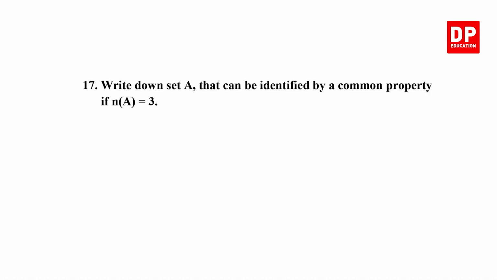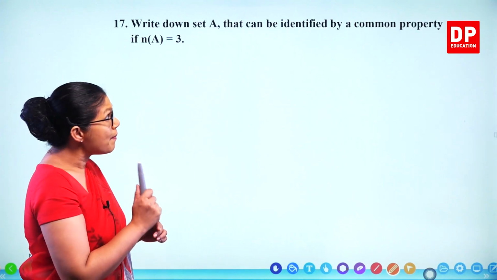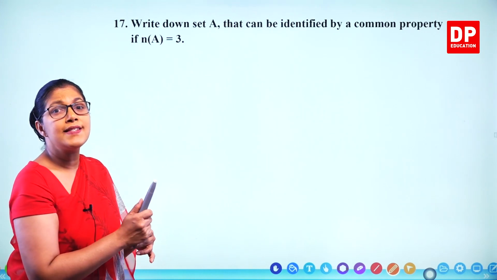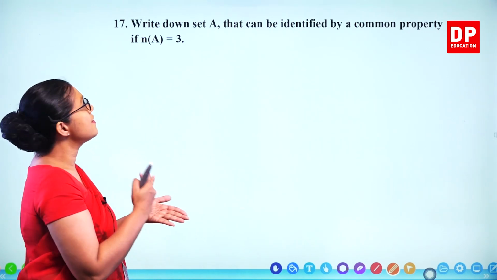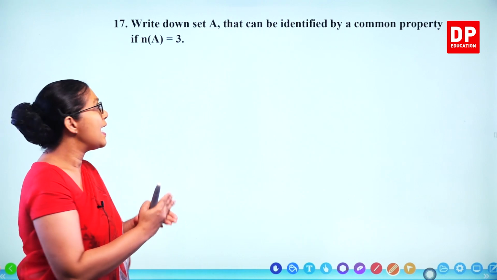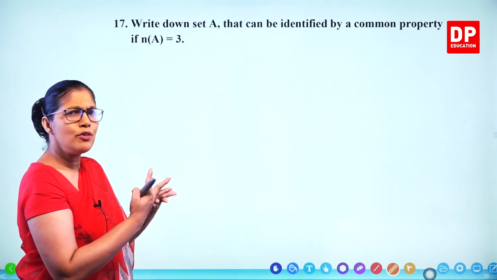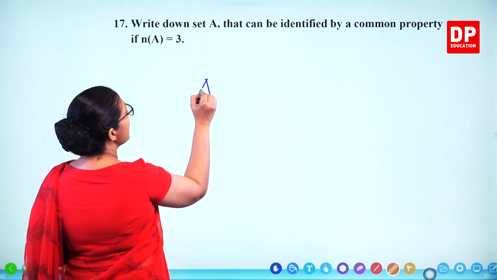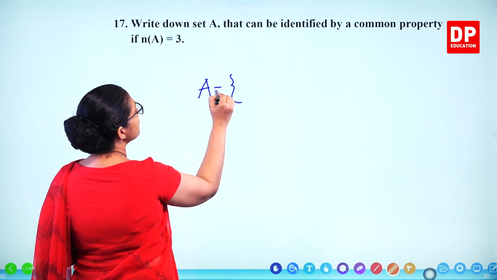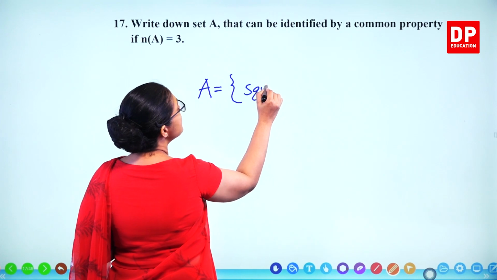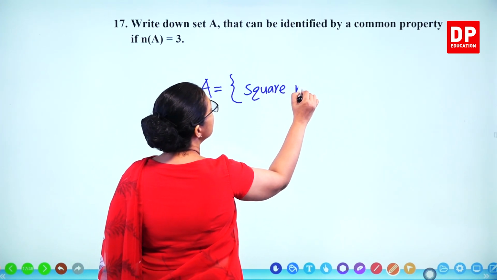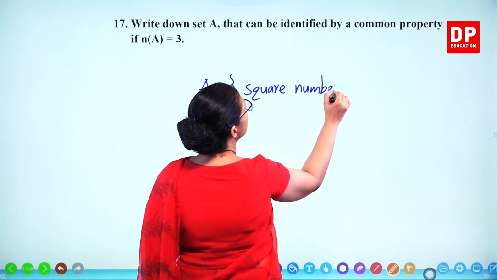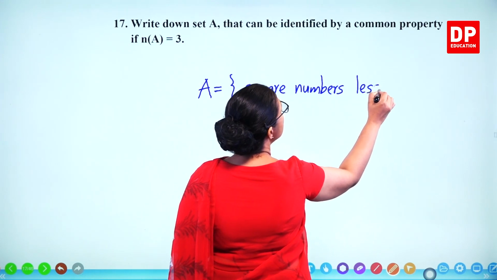Question number 17. Write down set A that can be identified by a common property if n(A) is 3. So this means number of elements in A should be 3. You can create any set. So if you take A as square numbers less than 10.